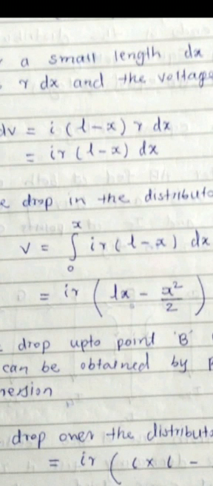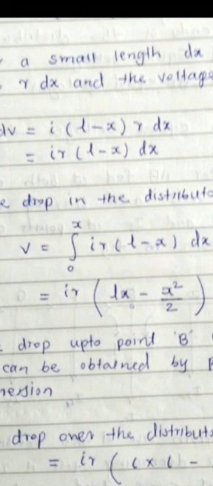Solving that integration, we get i r in bracket Lx minus x square divided by 2. So this will be the voltage drop in the distributor up to point C.